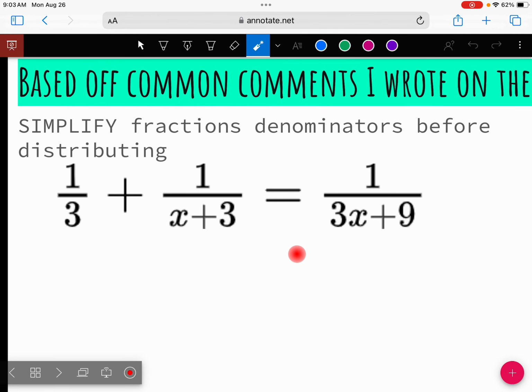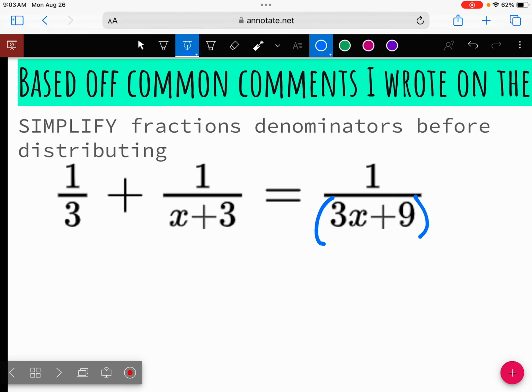So looking at this one over here, I had a lot of people do something in this one that made it a whole lot harder than it needed to be. Look at specifically this piece. What does it have?